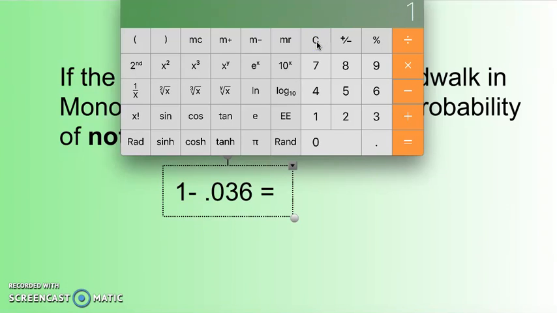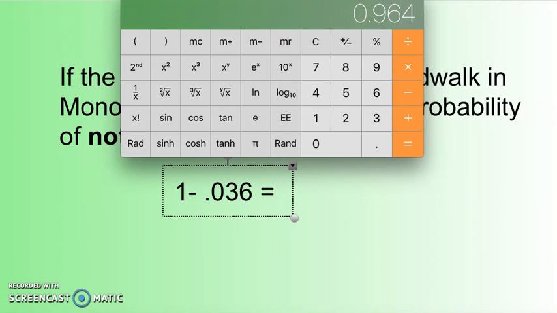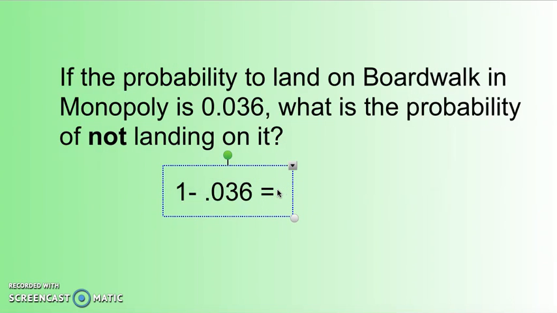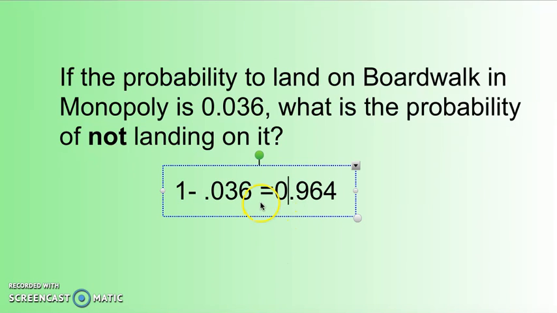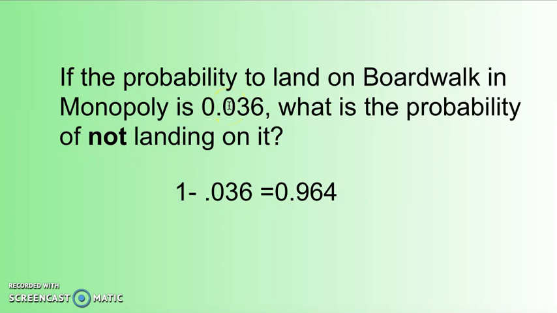So 1 minus 0.036 is 0.964. And that would be my chance of not landing on it, because they're complete opposites of each other. Remember, these are those complementary events where they're opposites. So if I know what's landing, then I need to figure out what's not landing.